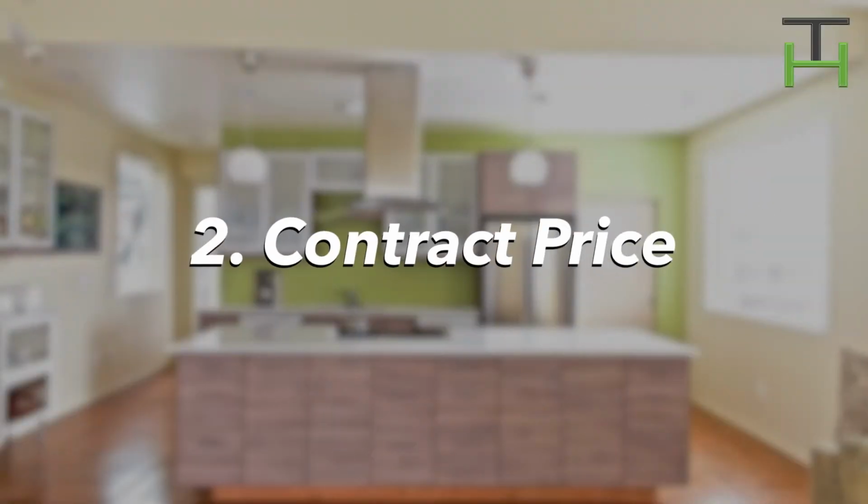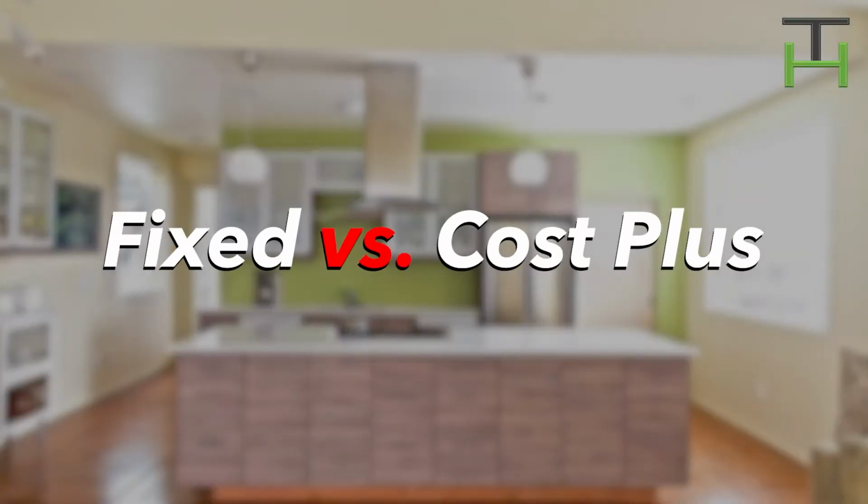Number 2, contract price. I also speak about this in another video, but this is quick. Fixed versus cost plus. A fixed contract is, I go down and figure out all of my line items, then I add 5 or 8% to the whole thing on each line item, and then I present it to you. And that way, if something goes south or bad on 4 or 5 items, the other items will cover it.